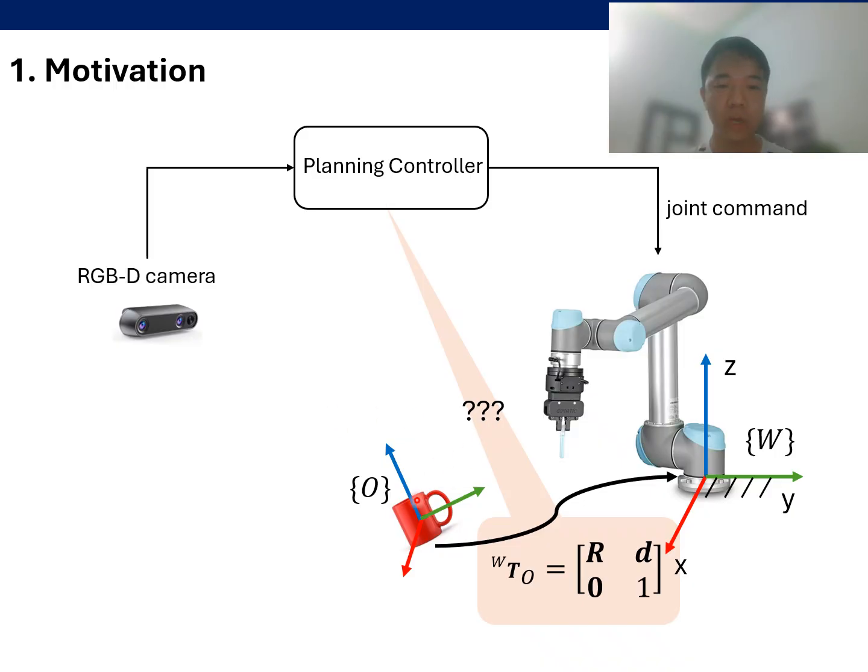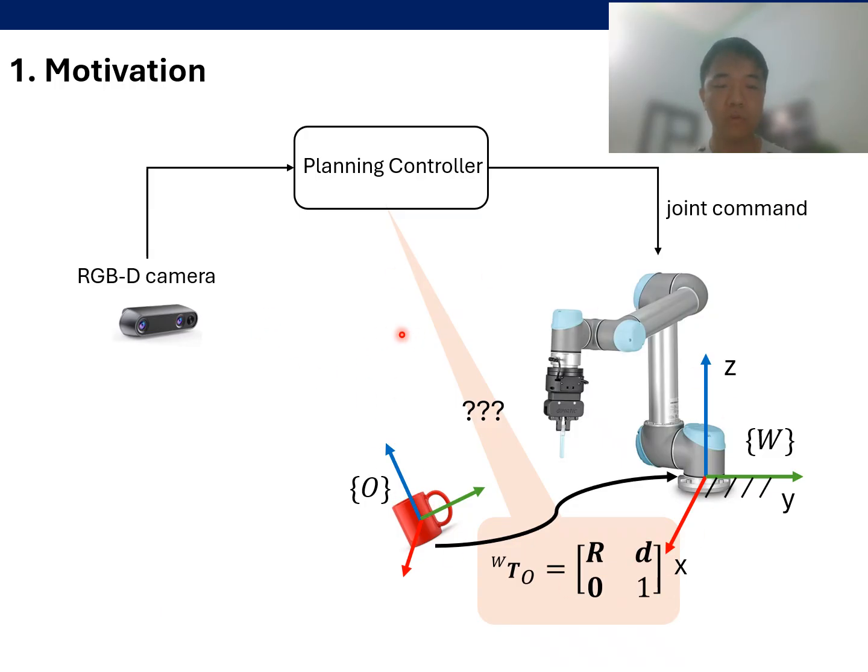So how can we estimate the 6 degrees of freedom parameters, including 3 DOF for the rotation or orientation and 3 DOF for the position of the object?